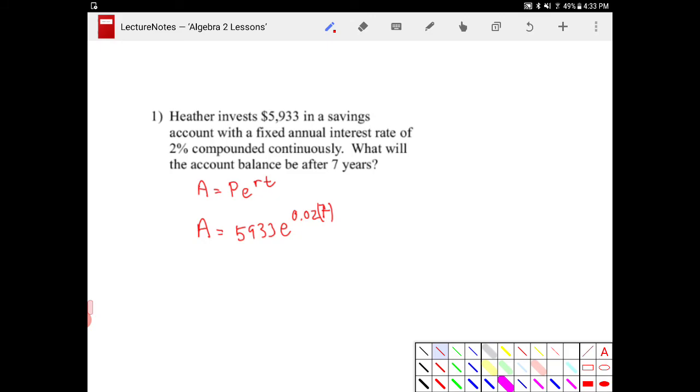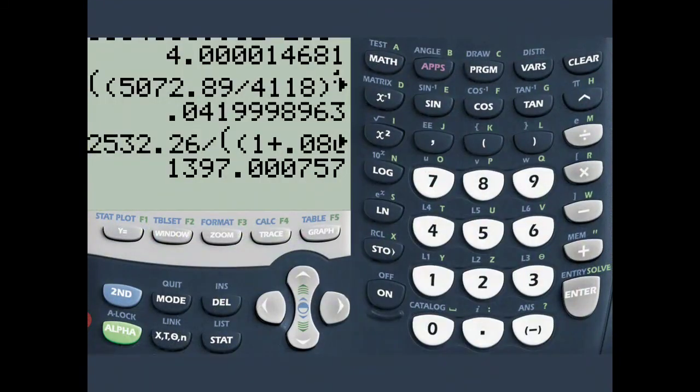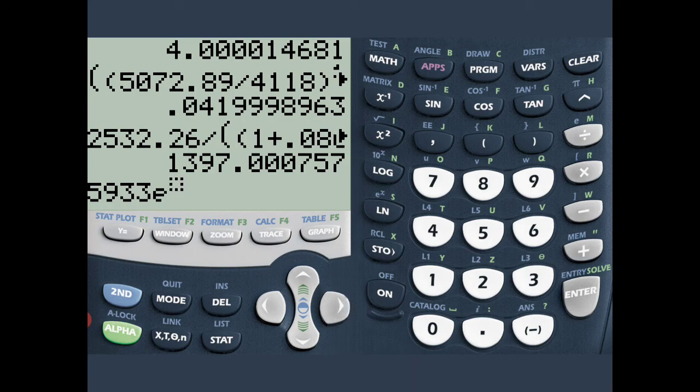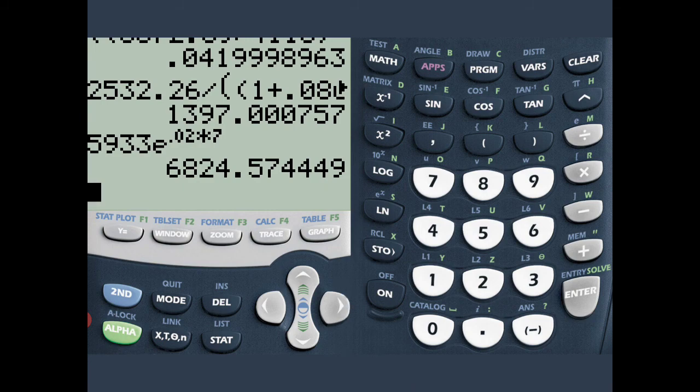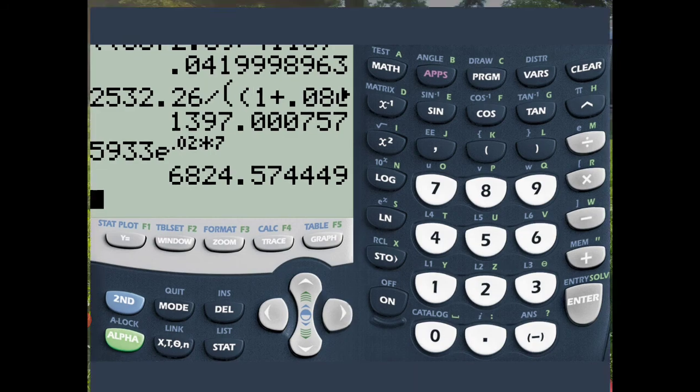So I go to my calculator: 5933 times e to the power of 0.02 times 7. So it'll be 6824.57.